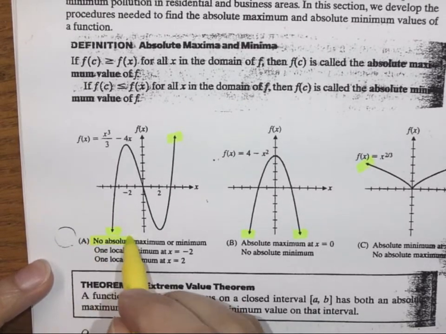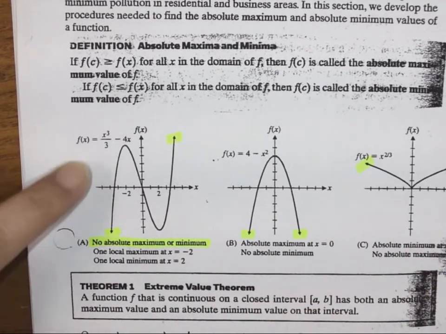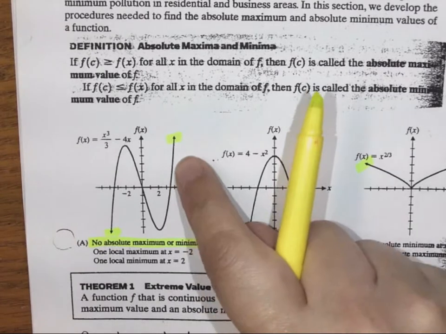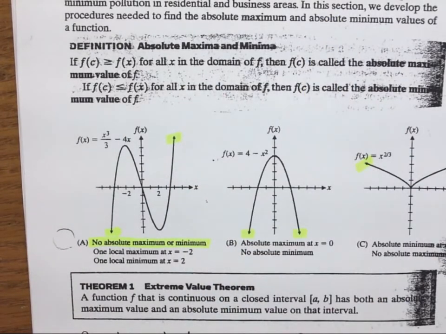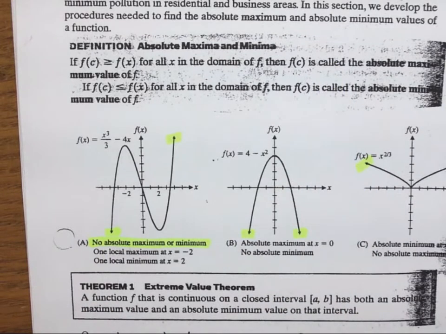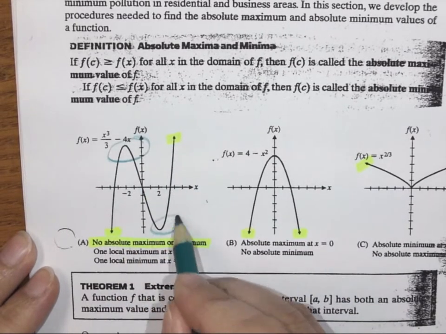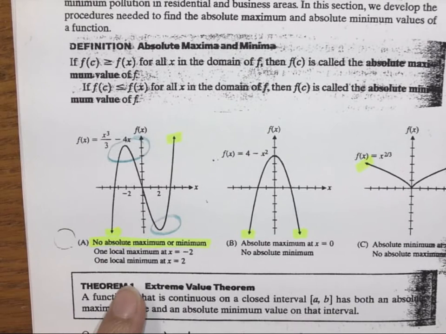The reason is that it's going down forever, so I don't have a lowest point, and it's going up forever, so I don't have a highest point. They're going toward infinity and negative infinity. So the only thing I have would be the relative or local maximum and minimum.